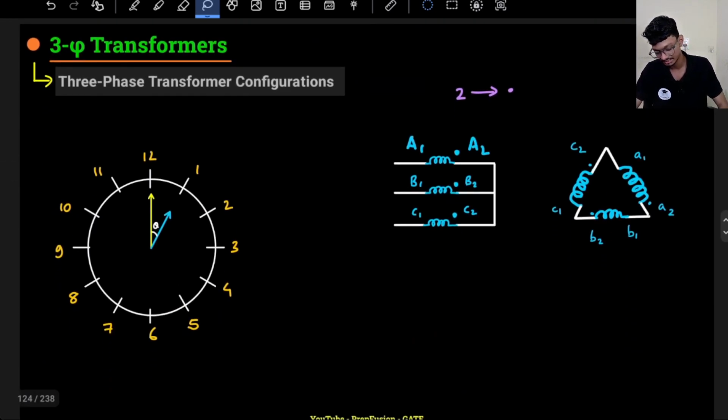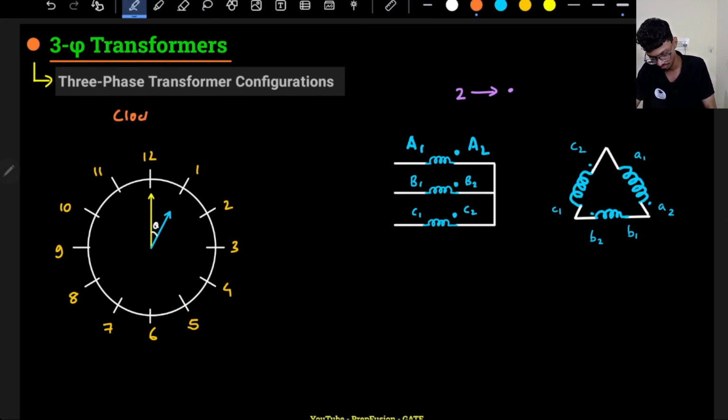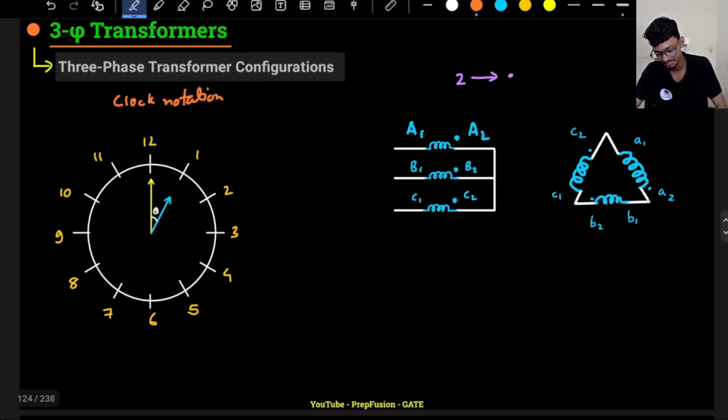Now let's understand the clock notation. What do I mean by clock notation? So what is clock notation basically? Clock notation basically tells me the phase difference between the high voltage and the low voltage winding.